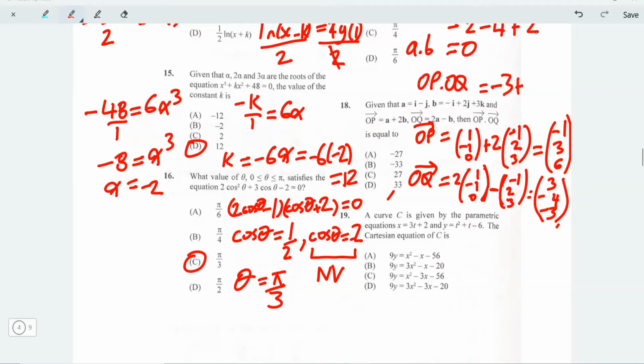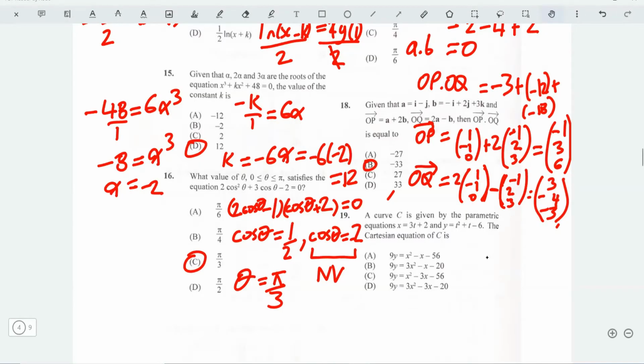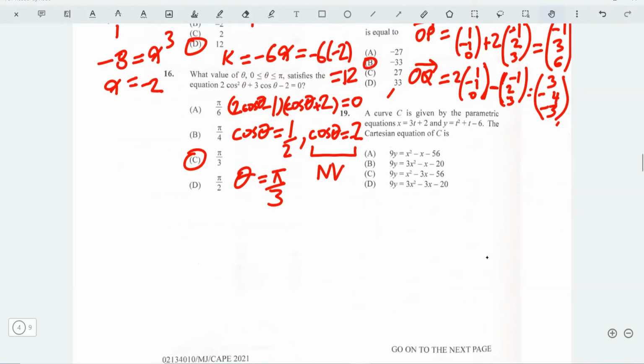Plus 3 times negative 4, that's minus 12. Plus 6 times negative 3, that's negative 18. Negative 18, negative 12, negative 3. Add all of them, that's negative 33. That's option B. Oh, nice. Negative 33. Nice.